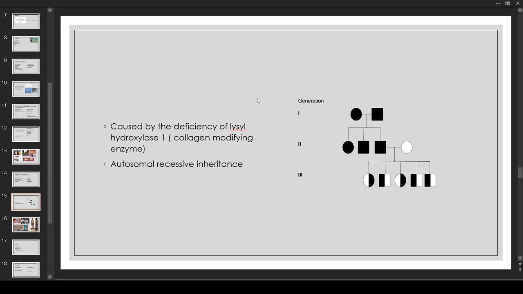And it is autosomal recessive this time, and not due to collagen deficiency, but rather an enzyme that modifies it, lysyl hydroxylase 1. And this is a pedigree of an autosomal recessive family.